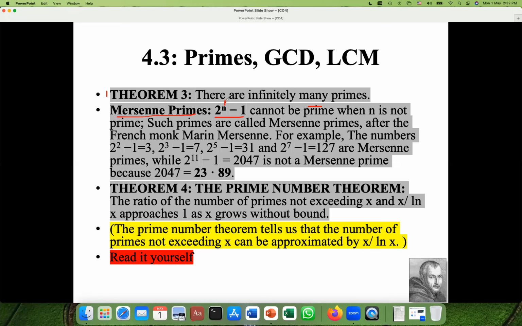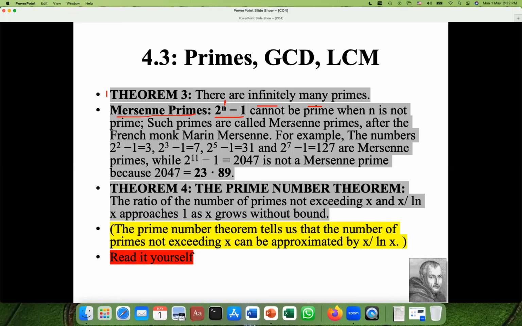In this equation, we are going to say that some number in this form would not be a prime. So the condition is "cannot." It means that it can be a prime also. There is a possibility. There is no word here that says 2^n minus 1 is not a prime when n is not a prime.